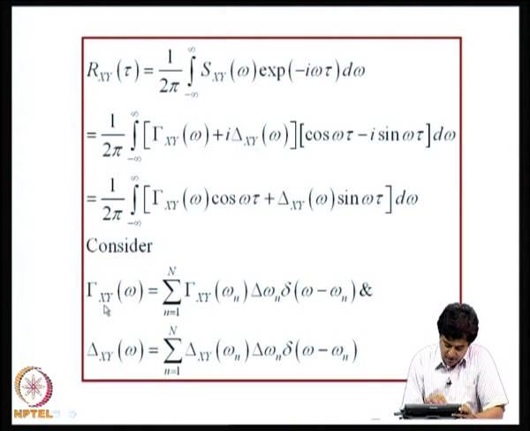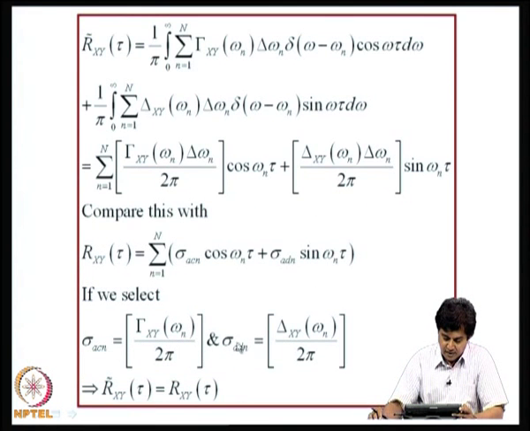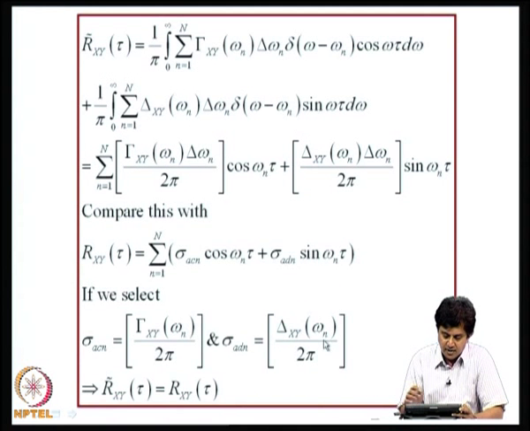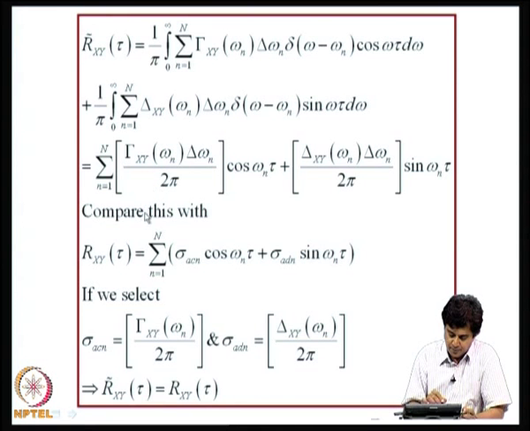Now, if I consider gamma to be a sequence like this and delta to be a sequence like this, corresponding to this sequence you can take a Fourier transform, and that is quite easy because we have direct delta functions, the integration is very straightforward. If I do that, the expression for the cross covariance function can be shown to be given by this form.